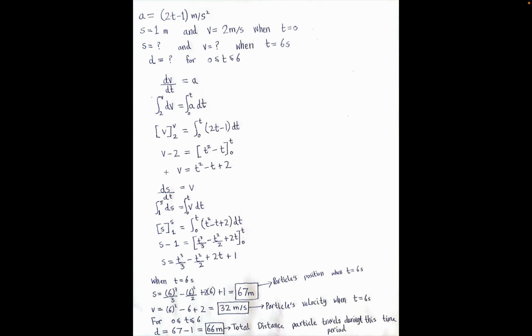Now we have to find the equation for displacement. For that we use the equation that velocity is the rate of change of displacement, so v = ds/dt. We take dt to the other side and use the same method as we used above for acceleration and velocity.